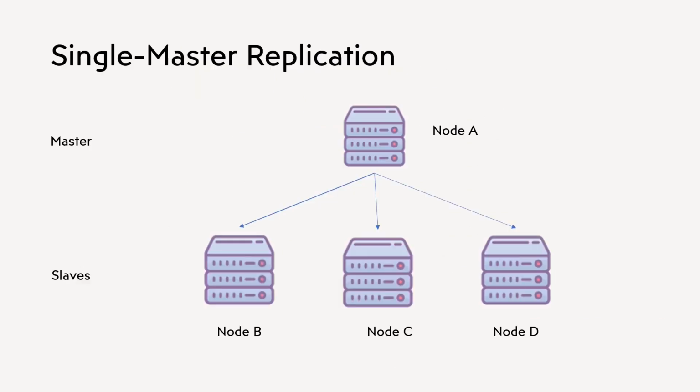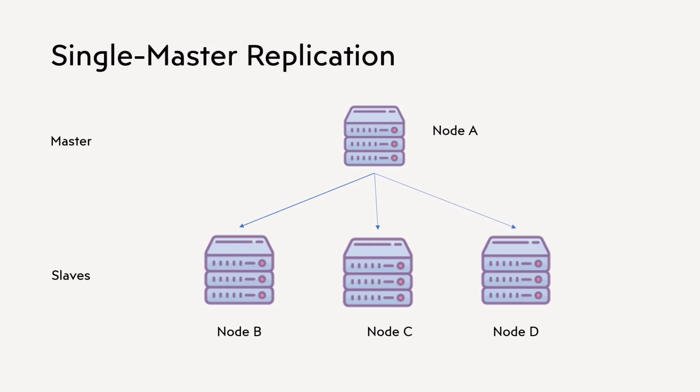To understand a single master replication technique, let us assume that we have four nodes or four servers in our application. Here, node A is the master node that is responsible for all the writes happening in the application.